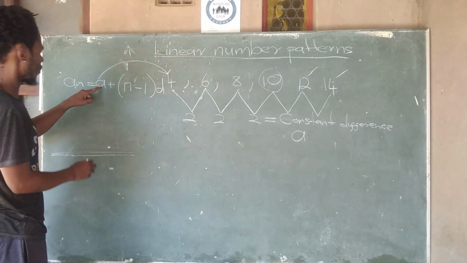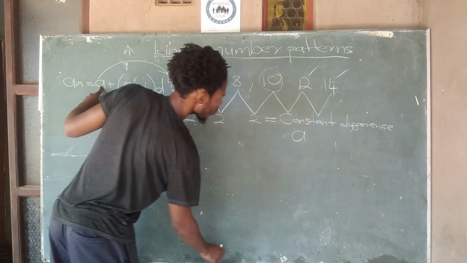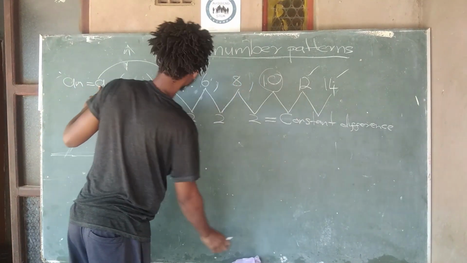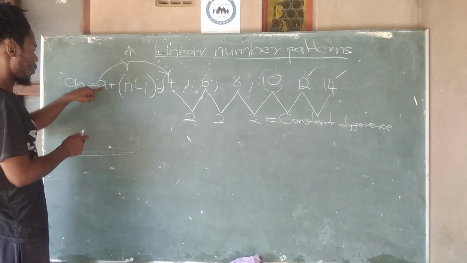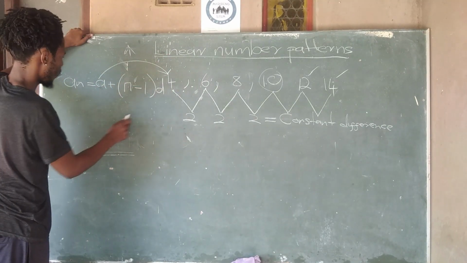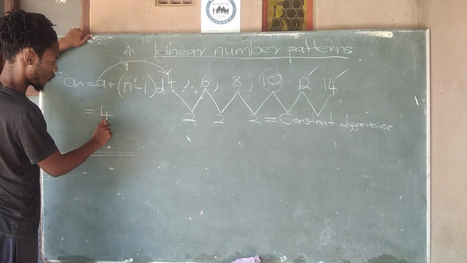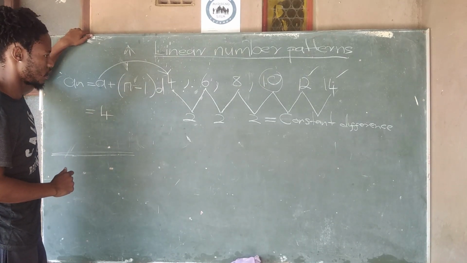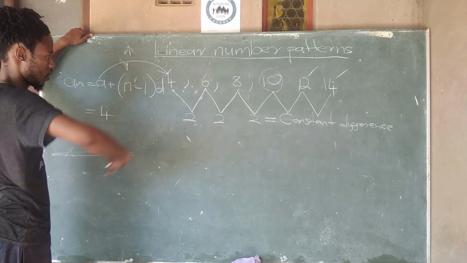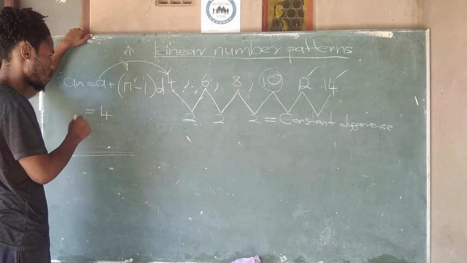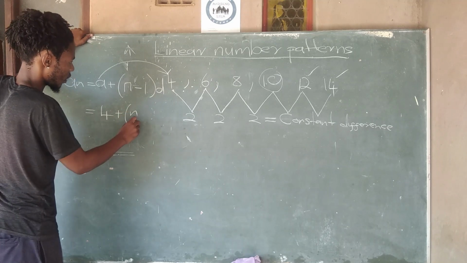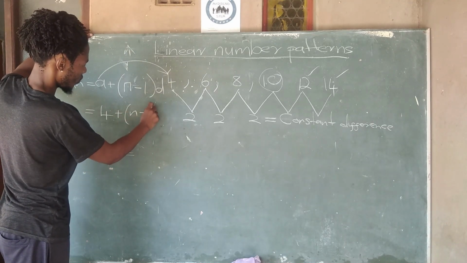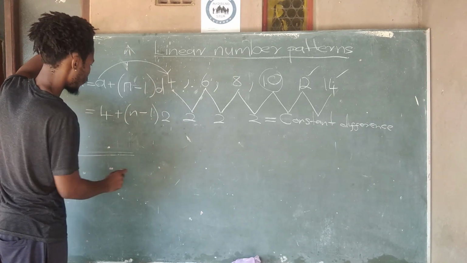In this case, it's a linear number pattern, so your a is the first term of the sequence. It's 4. We want the general term of this sequence. We got the last 2 terms of the sequence. Now we want the general term. n, we don't write anything here. Minus 1. Common difference is 2.